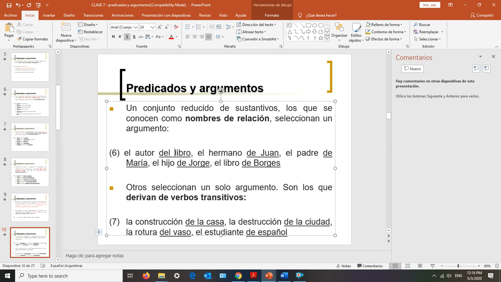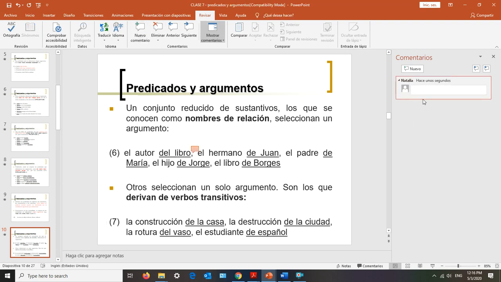So book is, in this case, a one-place predicate functioning as predicator in a sentence only if we had it as "este libro es de Cortázar," right?